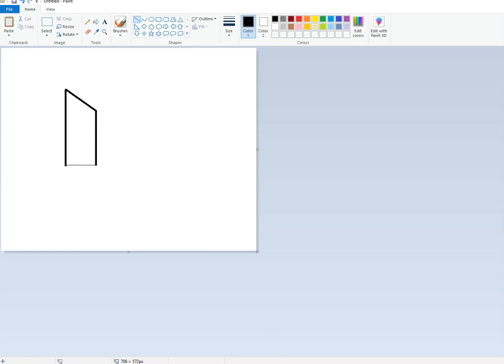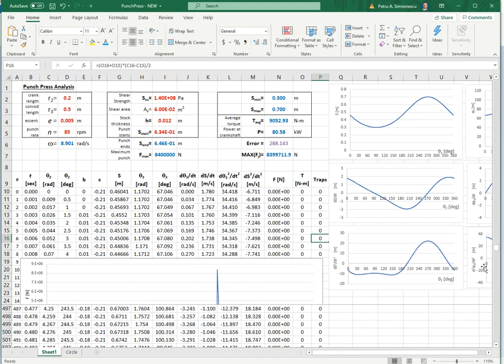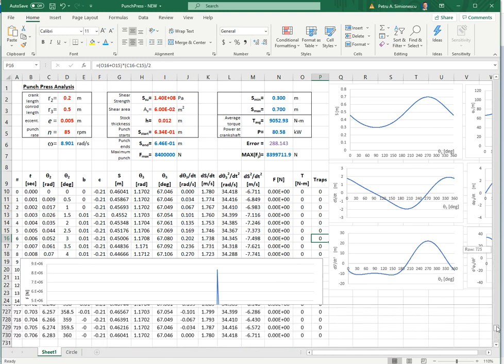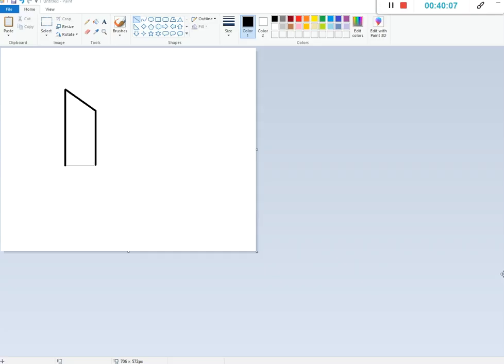All right. Okay, so back to the spreadsheet. And then all of these trapezoids, all right, so all of the trapezoids, most of them are 0, except when the punch occurs.